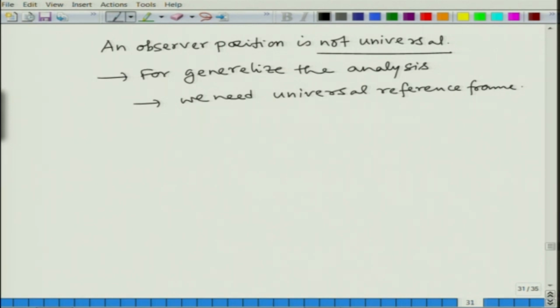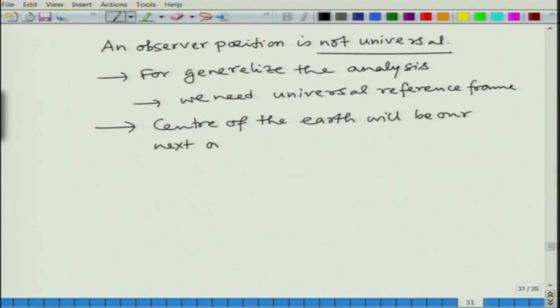And what is more universal than the center of the earth, right? If we take the center of the earth, that is the same for you and me wherever you are. So, that is the next reference frame we are going to take, the center of the earth, which will be our next origin.